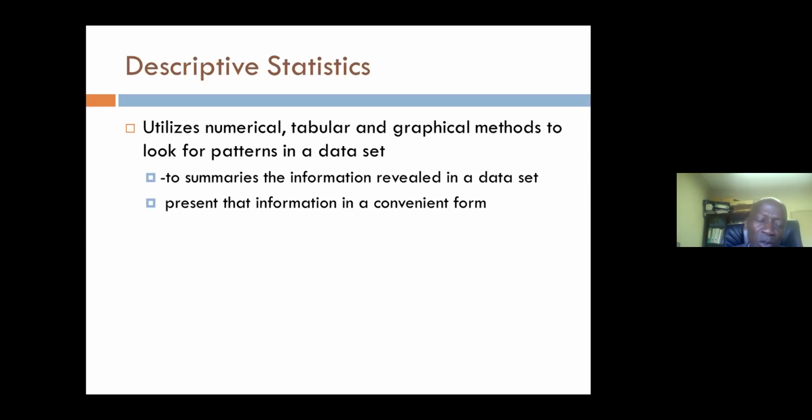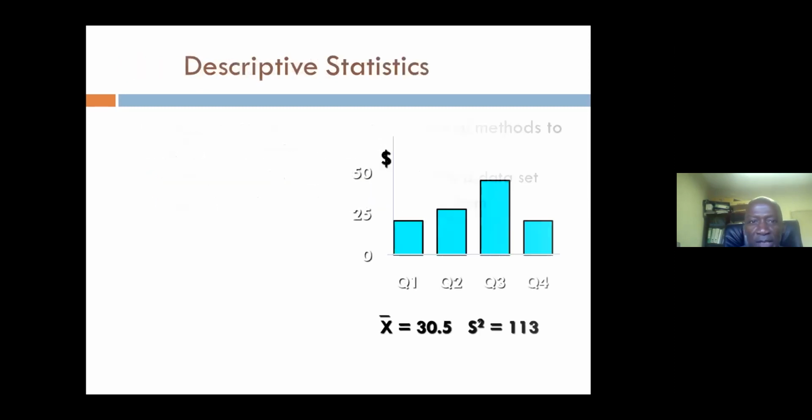And descriptive statistics also help us to present data in a way that communicates for the reader to have an understanding of the characteristics that are found in the population of interest.